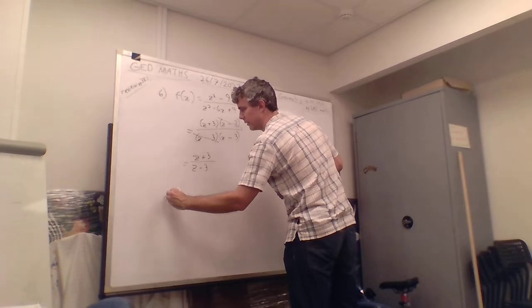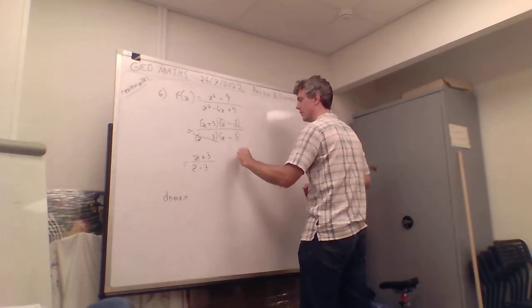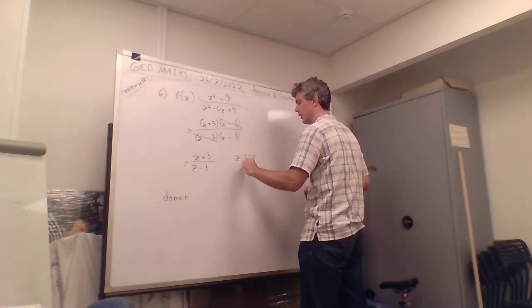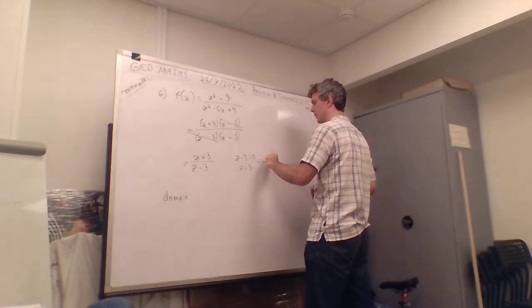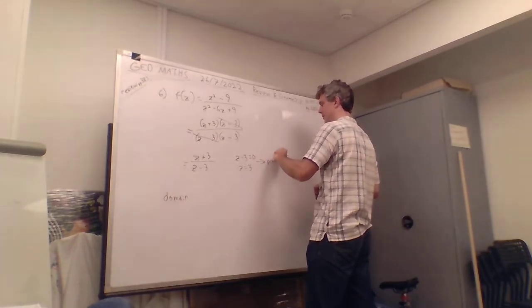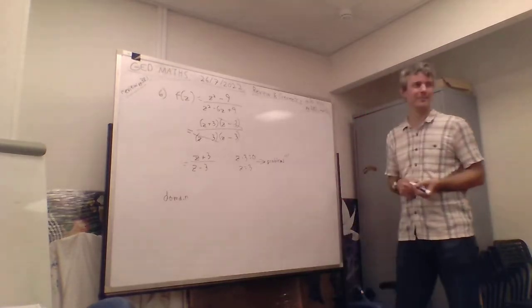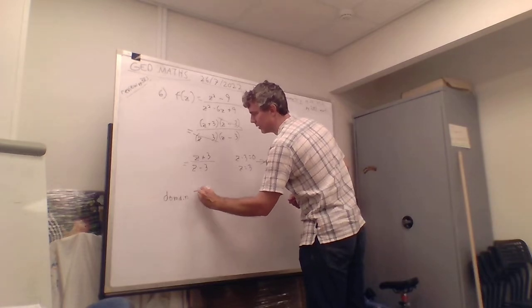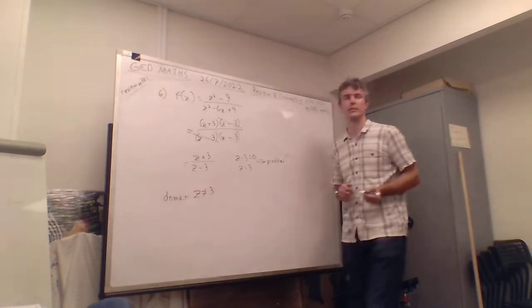So the domain: z minus 3 equals 0, z equals 3 leads to problems. So the domain is basically z cannot equal 3.